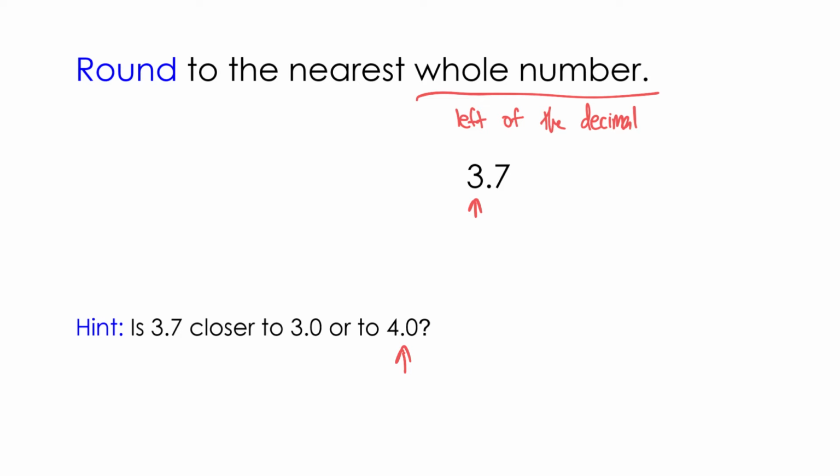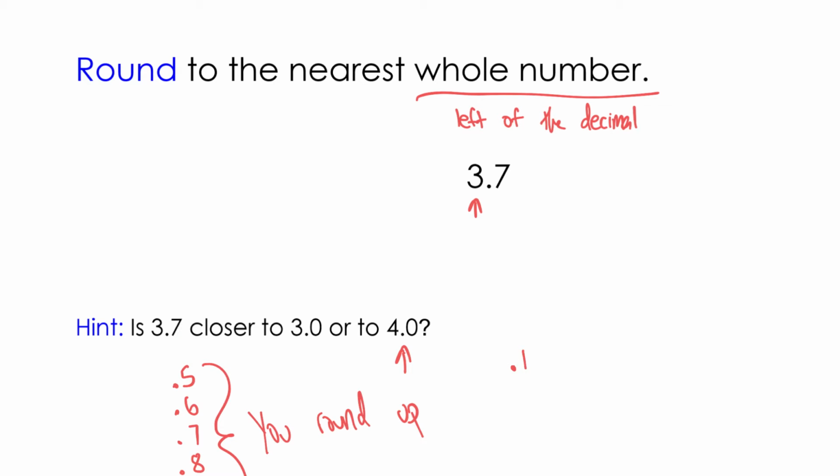So when this number here is 0.5, 0.6, 0.7, 0.8, or 0.9, you round up. And if it's 0, it stays the same.